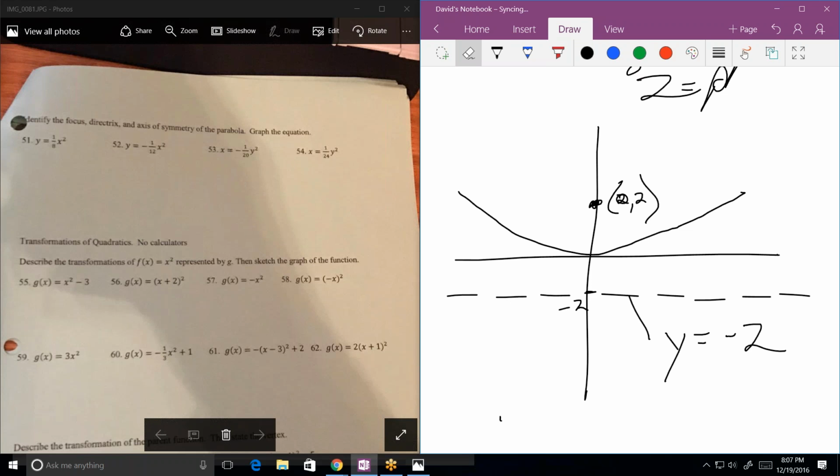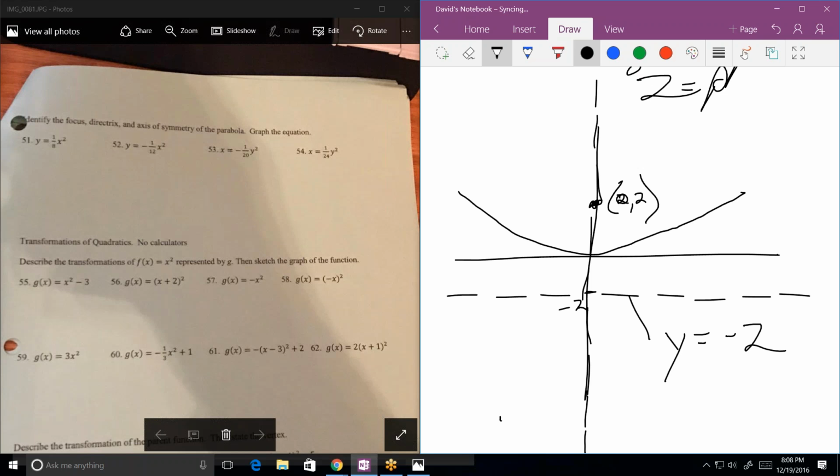Now, the only other thing they asked for was the axis of symmetry, which is also a vertical line. It's the equation of that line. Just 0, right? That's not the equation of a line; that's a point.